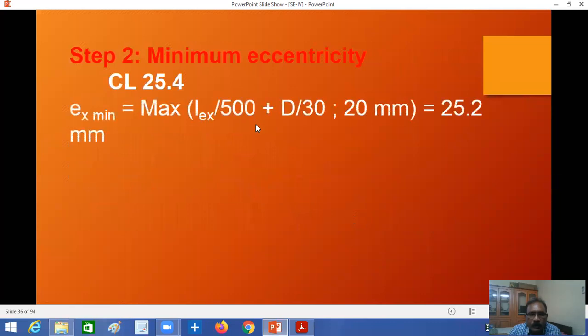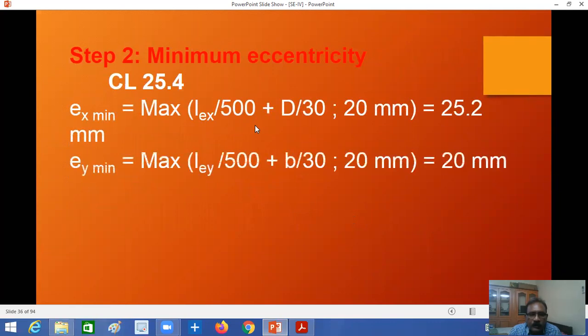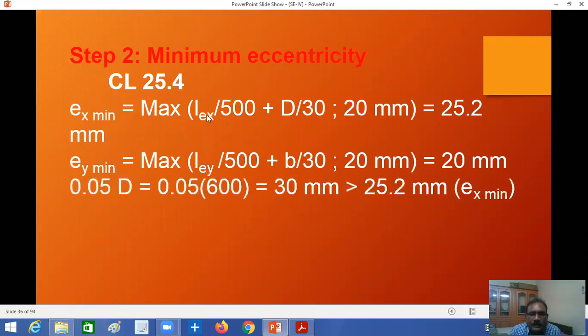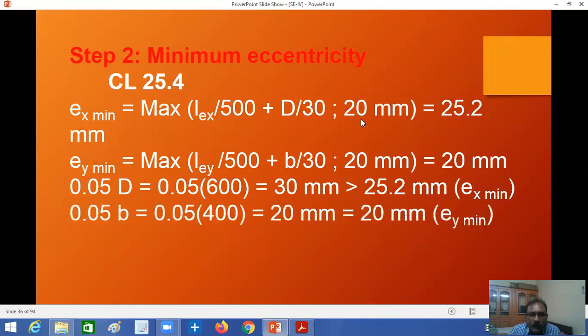Now if you go to 25.4, as I explained, we have to calculate e max and e minimum. That is Lex by 500 plus D by 30, that is 2600 by 500 plus D by 30, and 20. Whichever is the maximum you have to take, that is the eccentricity, 25 mm.